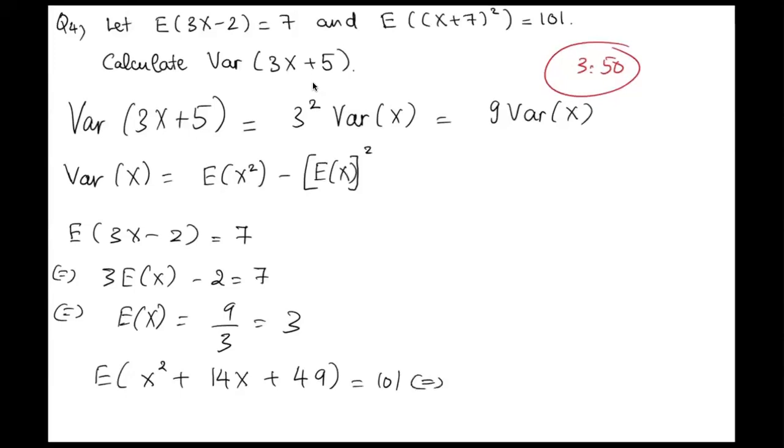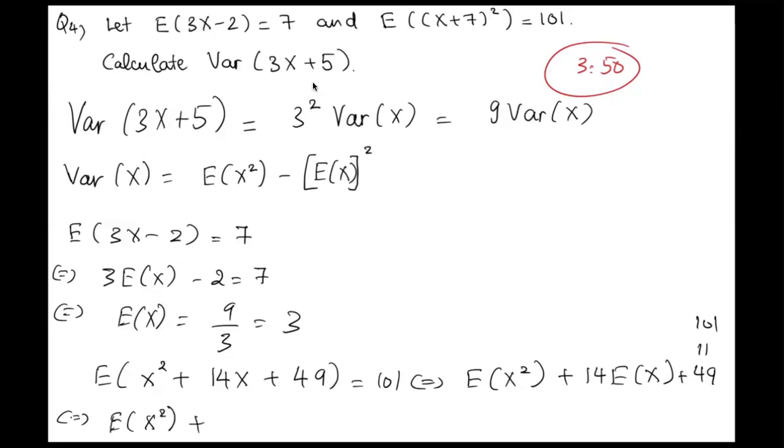Then the left-hand side is equal to expected value of x squared plus 14 times expected value of x plus 49, and is equal to 101. Expected value of x is 3. So 14 times 3 would be 54. And then plus 49 equal 101.